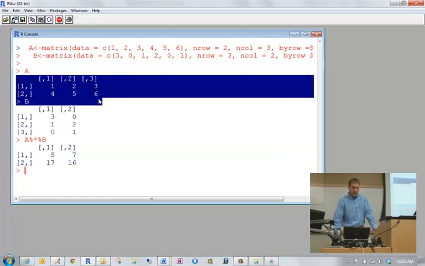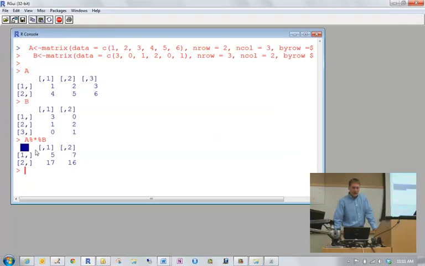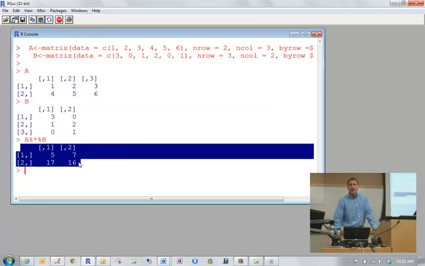So I have a 2 by 3 here, a 3 by 2, I get a 2 by 2 overall. And you can see why those rules hold for the rows and the columns corresponding to how you're actually doing the multiplication from each row to each column. Okay?